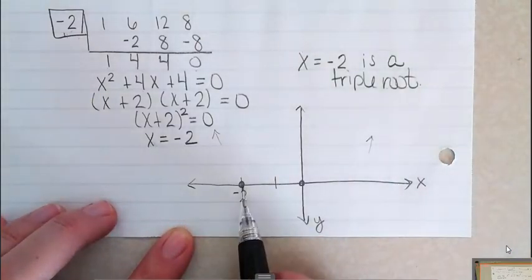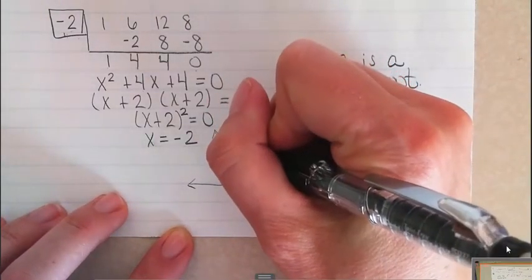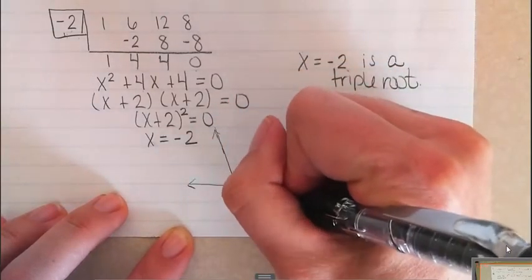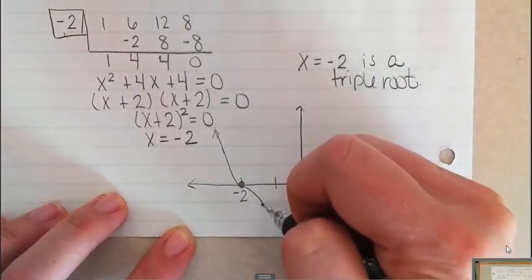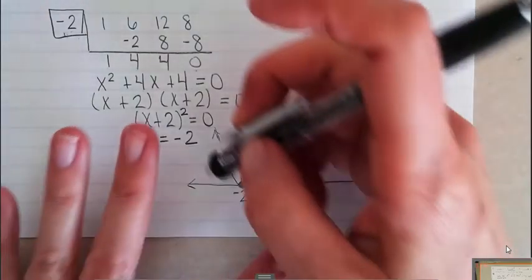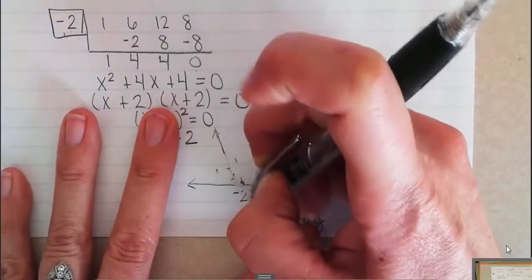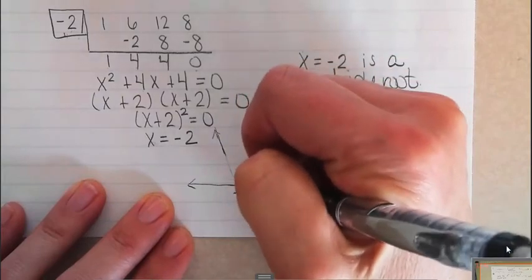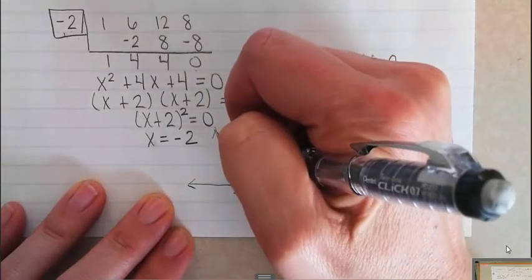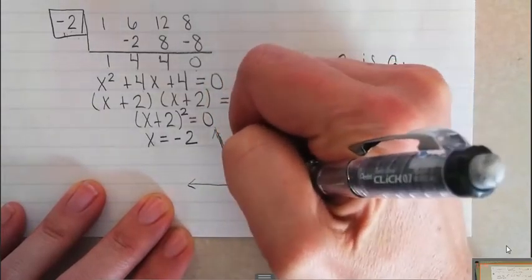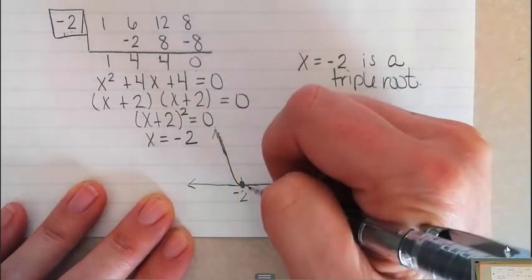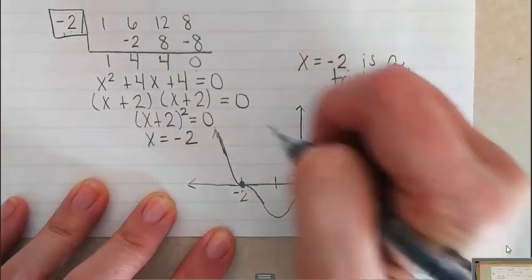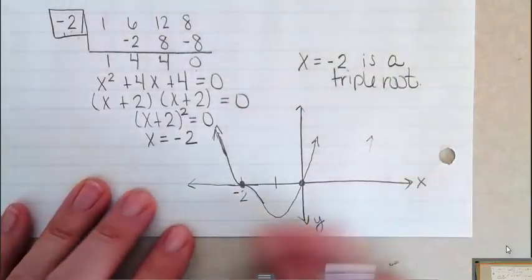Okay, so if this -2 is a triple root, then, and I'll do my best here, as I come down, it'll flatten out and then continue through. And then at some point, oh, that does not look good. Let me try that one more time. This is very challenging for me. That's a little bit better. At some point, it's going to turn back around. It's going to come through and give us a rough idea of what our graph looks like.